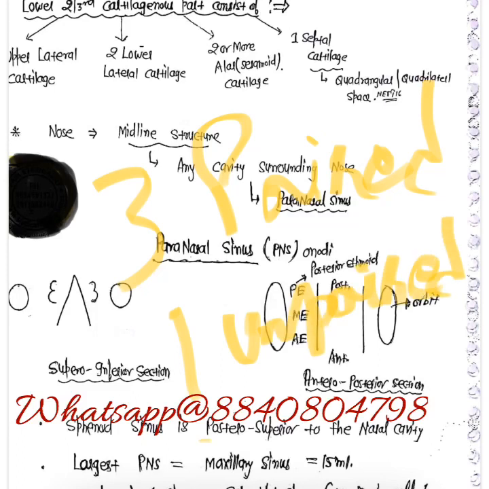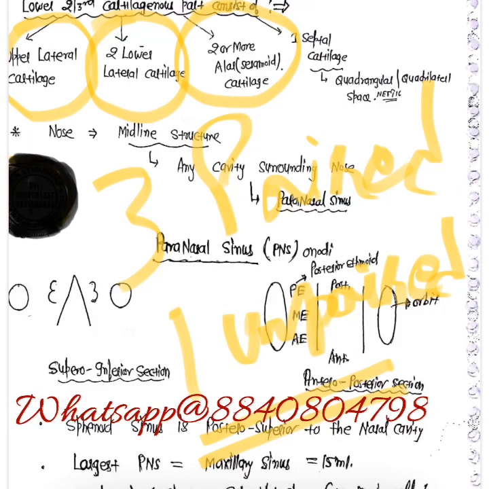The names are: the upper lateral cartilage on each side, the two lower lateral or alar cartilages on each side, two or more sesamoid cartilages or lesser alar cartilages, and the unpaired septal cartilage. These form the three paired and one unpaired cartilages which form the lower 2/3.